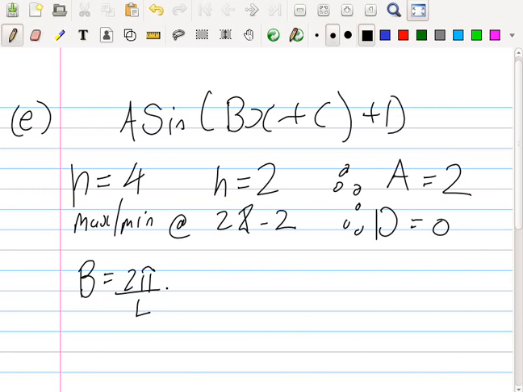So if I look at E, I can see that, for example, there is a trough. You know what I mean by trough? It's the opposite of peak. You can see how it's at pi over 6, yes? And then you can see where the peak is at 7 pi over 6.